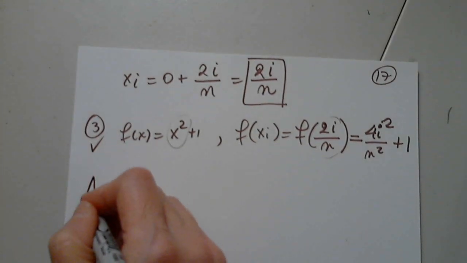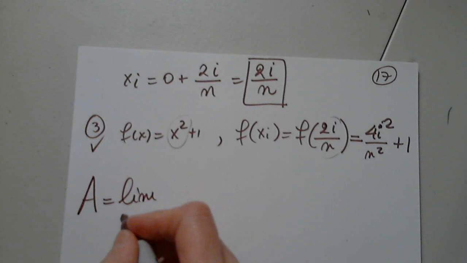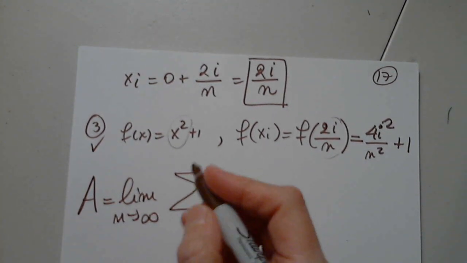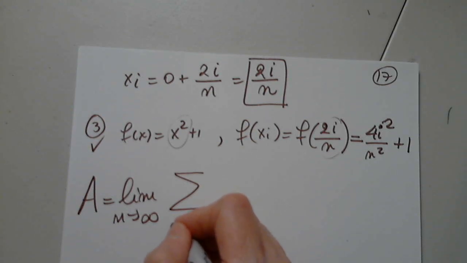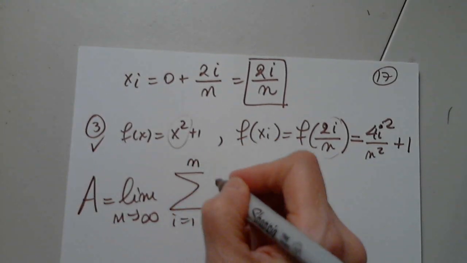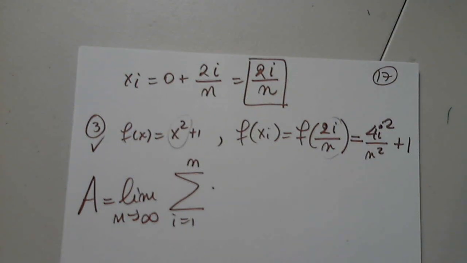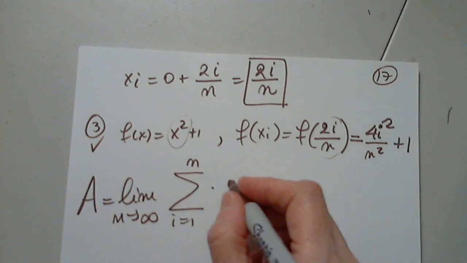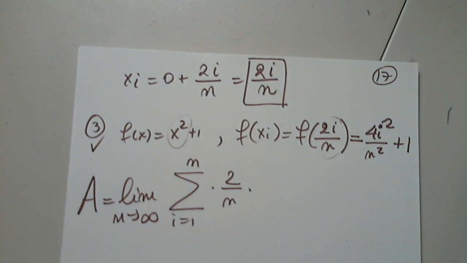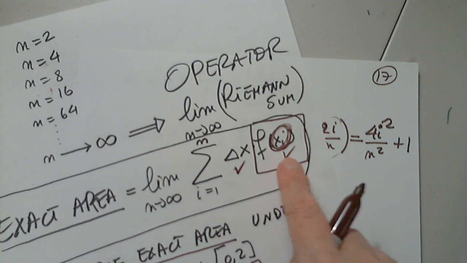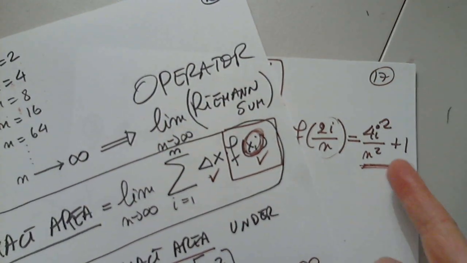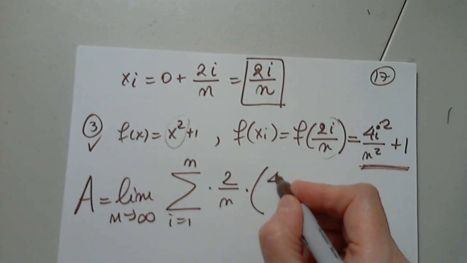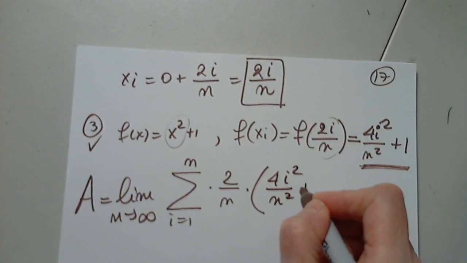So now the exact area is the limit as n approaches infinity of the sum from I equals 1 through n of delta x, which is 2 over n, times f of xi, with parentheses, of course, 4I squared over n squared plus 1.